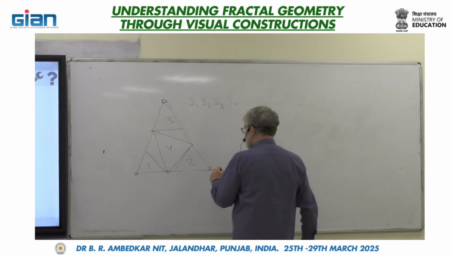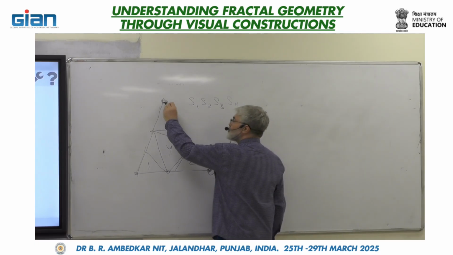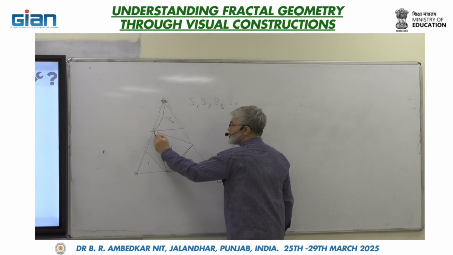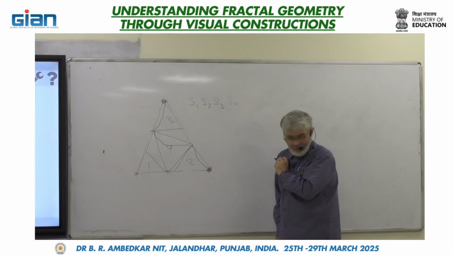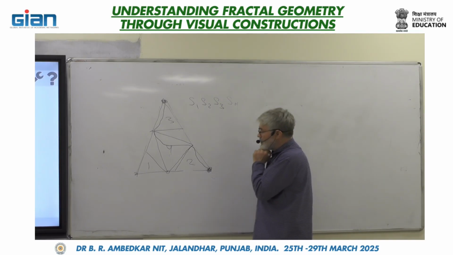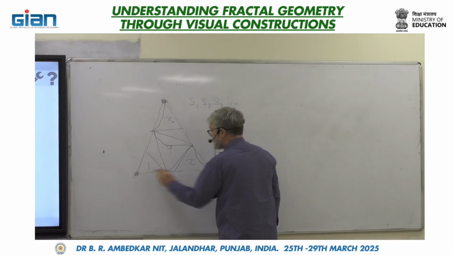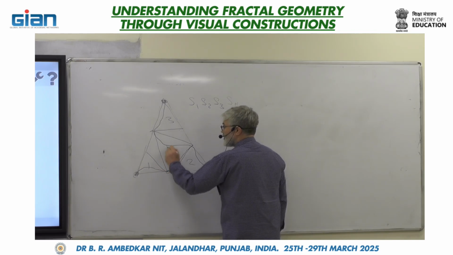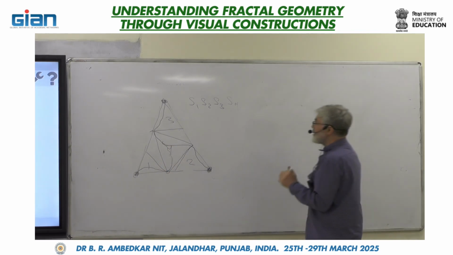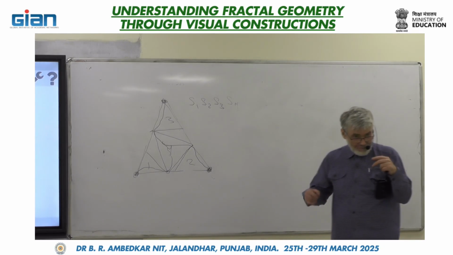But in a dendrite, any two points can be connected by a unique arc. So if we connect the vertices of the triangle by this arc, we'll get a main tree of this dendrite.